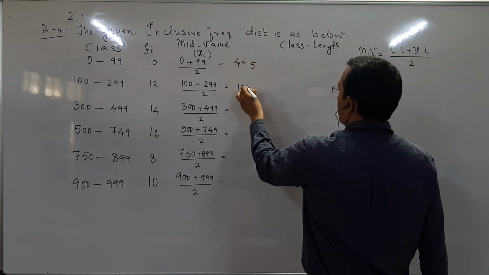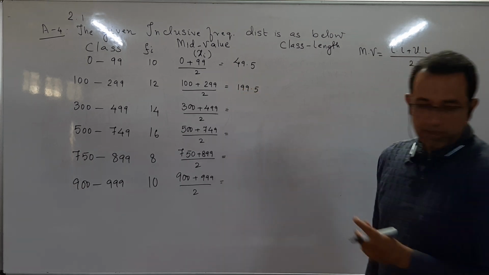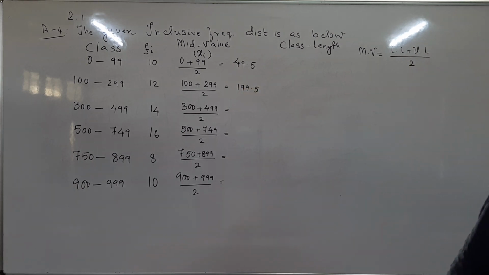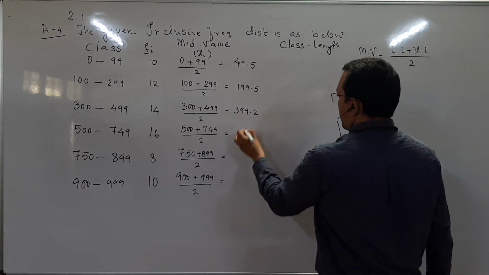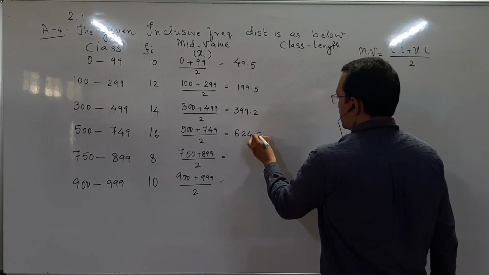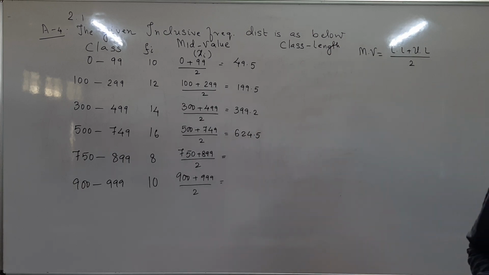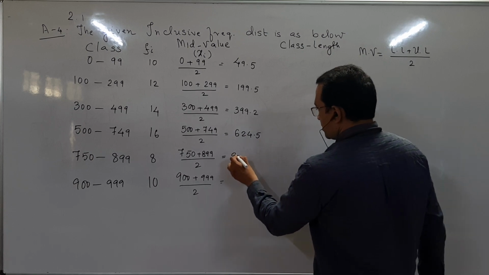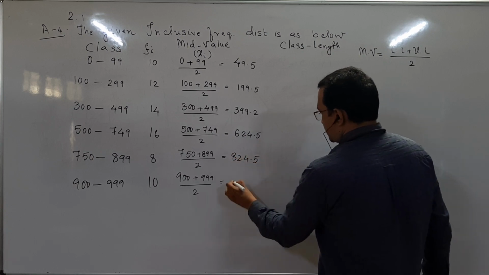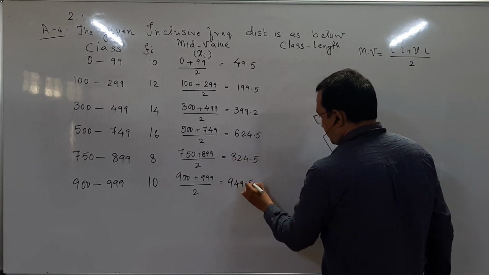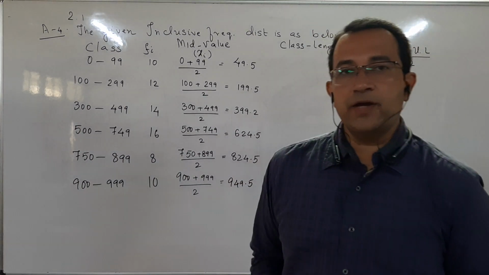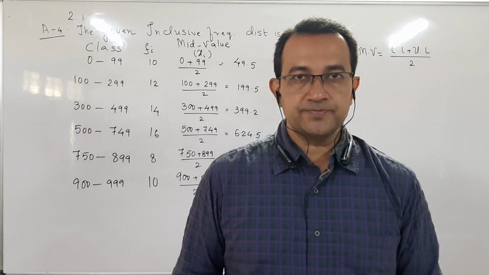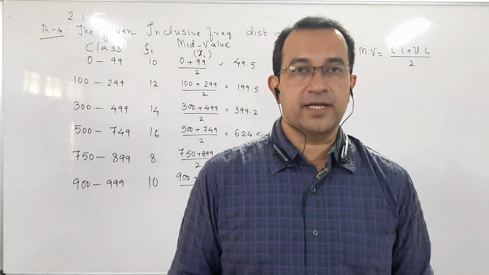Then 199.5. Then 399.5. Then 624.5. Then 824.5, and the last is 949.5. Now you have to use your simple calculator and find these answers.